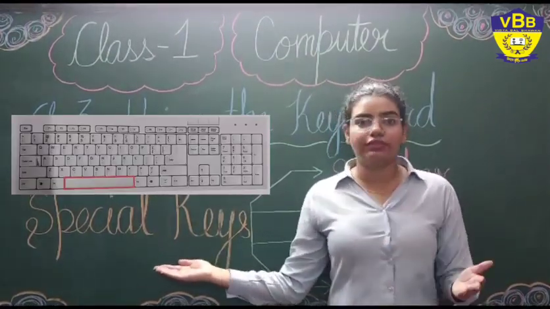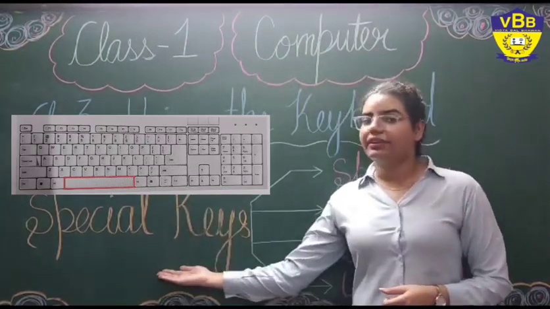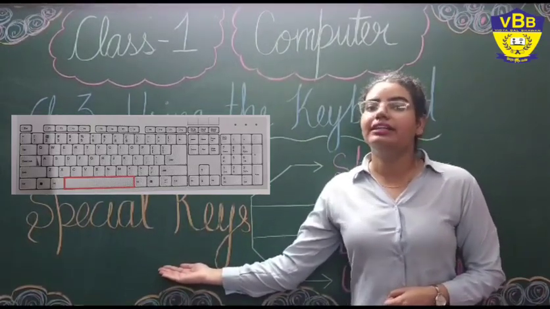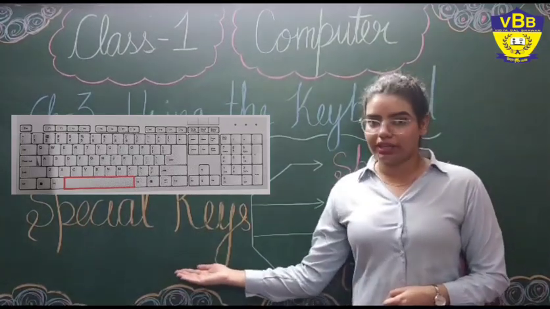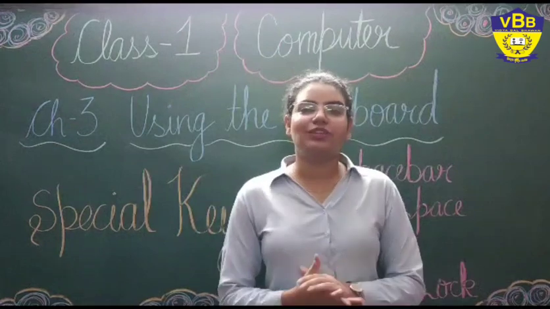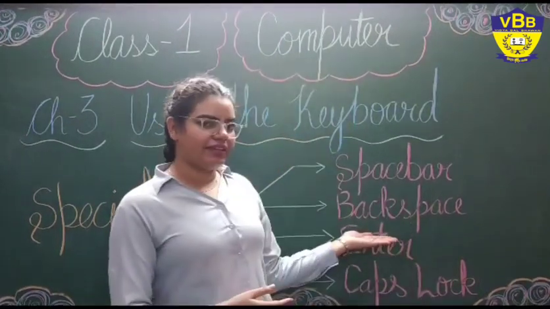This picture is also given in your textbooks, right? You see this red highlighted box is the special key which is called spacebar. As you can see, it is the longest key on the keyboard, right?